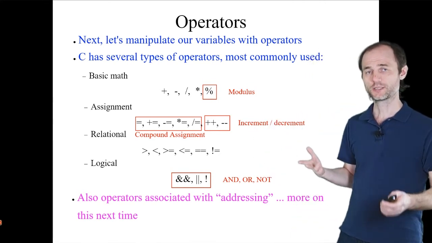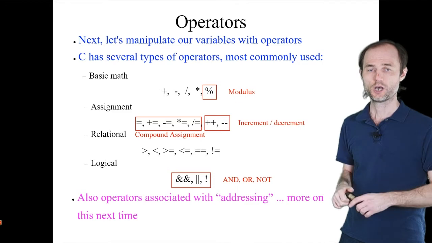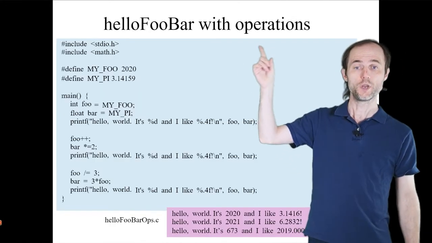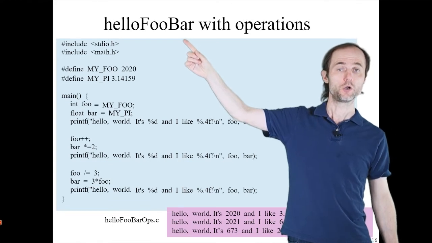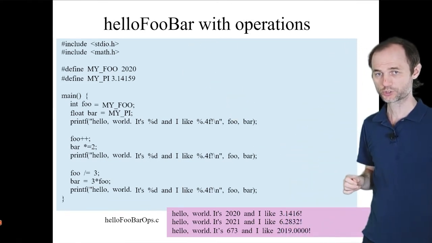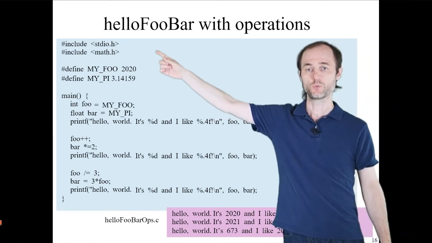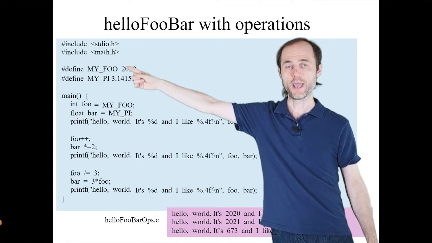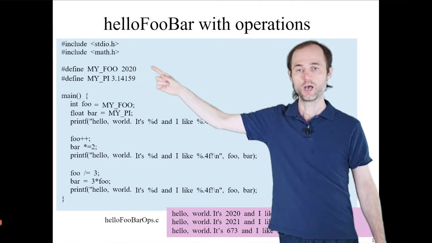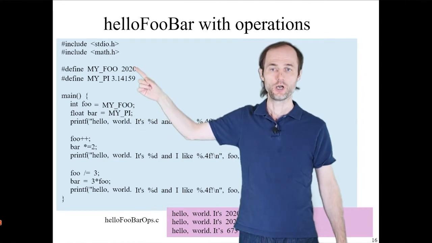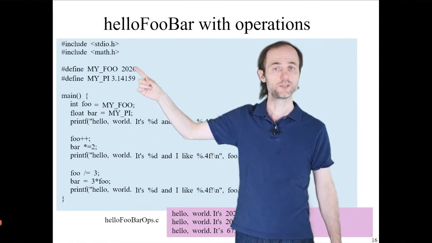So let's try and see how we can use these operators in real life. Now we're going to update hello foobar with these operations. So now let's see that we are adding two header files, standard input output and standard math. We are now using pre-compiler directives, which are also referred to as defines.